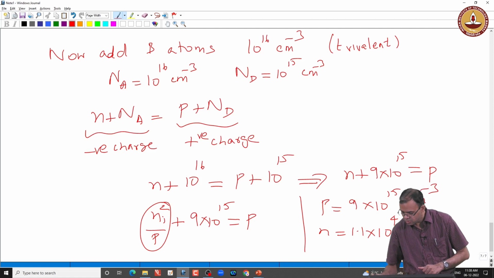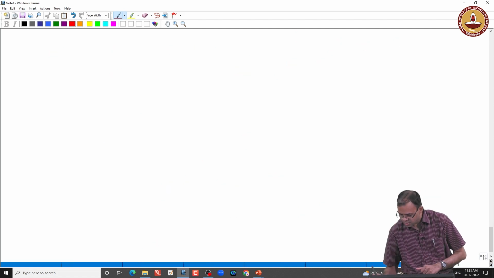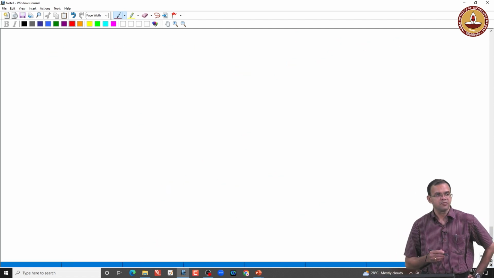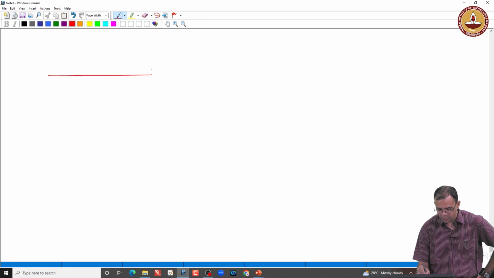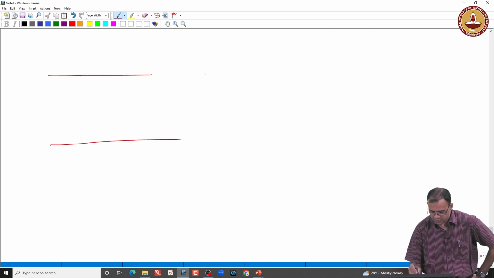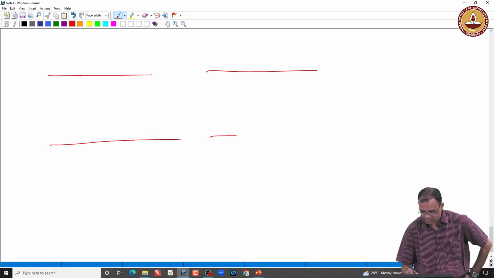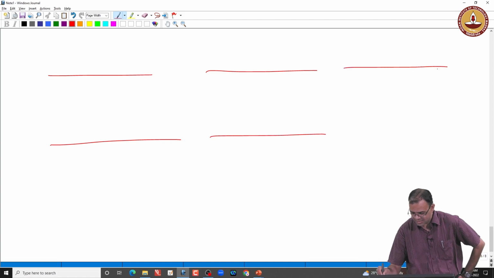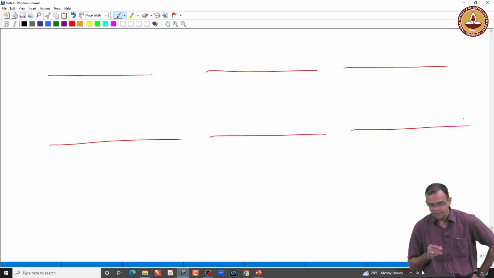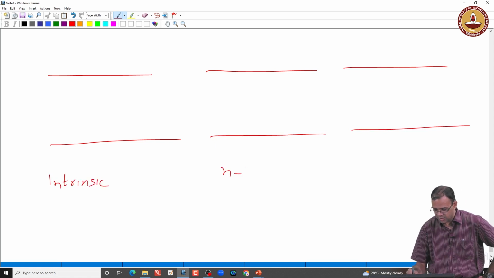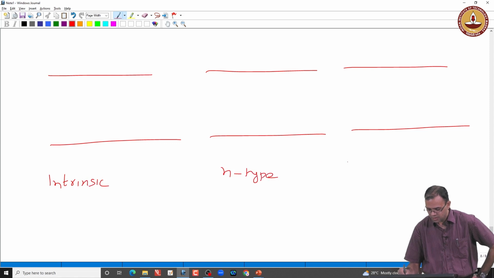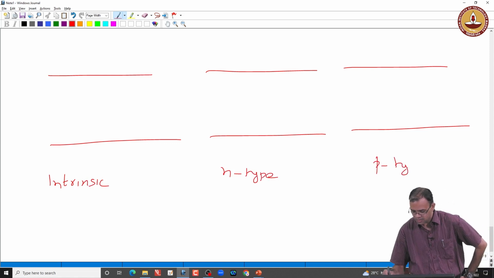So again, maybe just to round up, I think Celso talked about it, but I will also talk about the Fermi level position just to round this up. So let's go back to silicon. I now have three diagrams. I have intrinsic, N-type, and P-type.